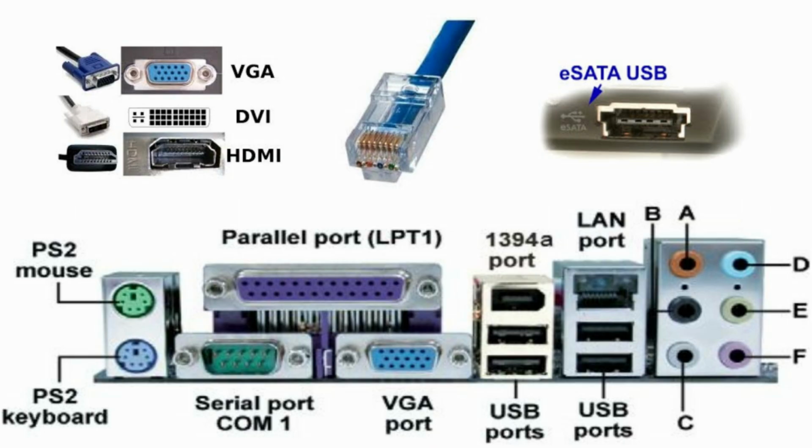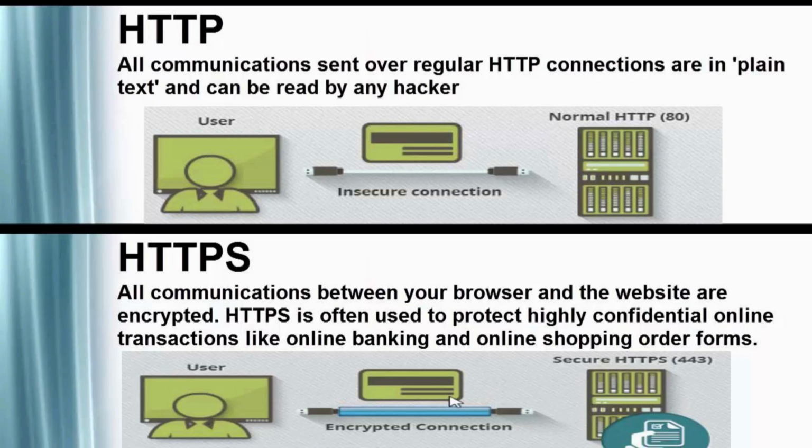What is the difference between port 80 and port 443? Port 80 is the standard unencrypted port of HTTP, Hypertext Transfer Protocol, while port 443 is the standard encrypted port of HTTPS, Hypertext Transfer Protocol Secure.